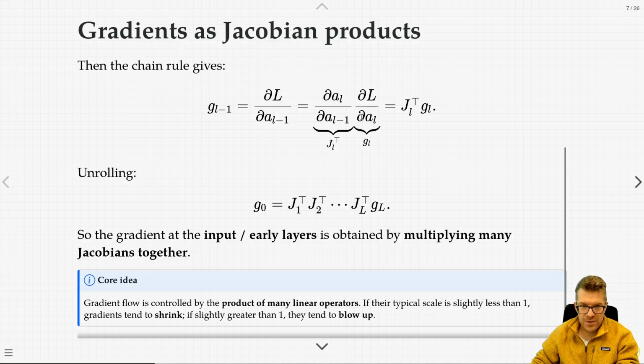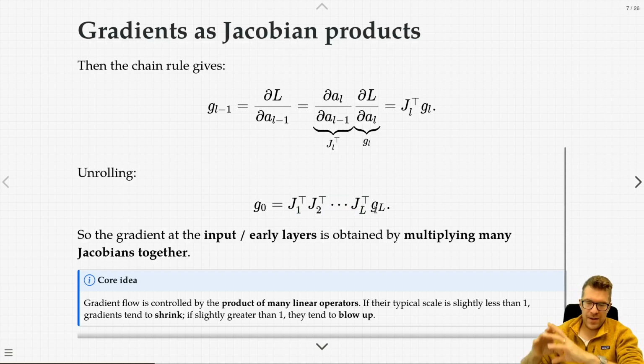As you can see, I can just unroll things all the way to the end, and I get an overall function describing g sub 0, in terms of the Jacobians at layers 1, 2, 3, 4, all the way up to big L, and then the output at layer L. In other words, the gradient at the early layers will be obtained by multiplying many of these Jacobians together.